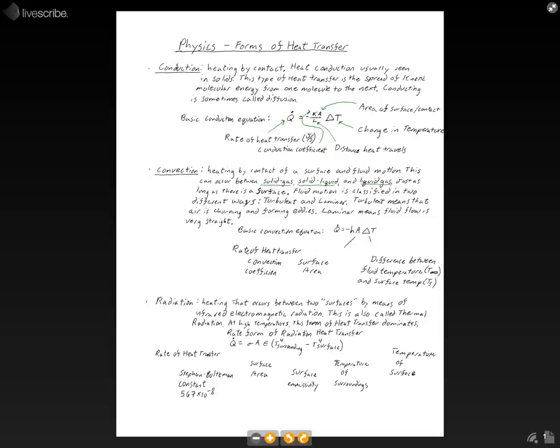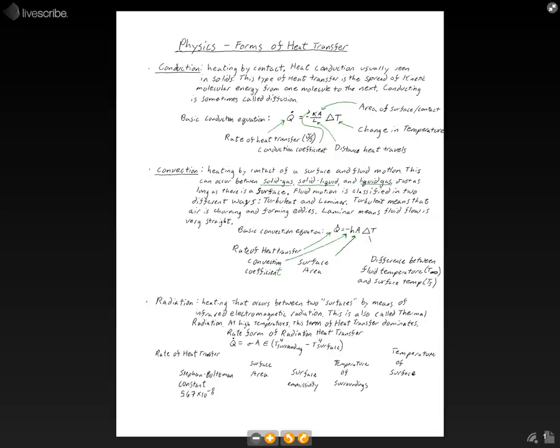So, basic convection equation is rate of heat transfer Q dot. And sometimes you'll see a subscript, like Q dot convection. And then there's your convection coefficient, which is H, given by an H or a minus H, depending on how you define your direction of heat transfer. Your surface area, which is A, and then the difference between the fluid temperature, which is often called T infinity or T INF.